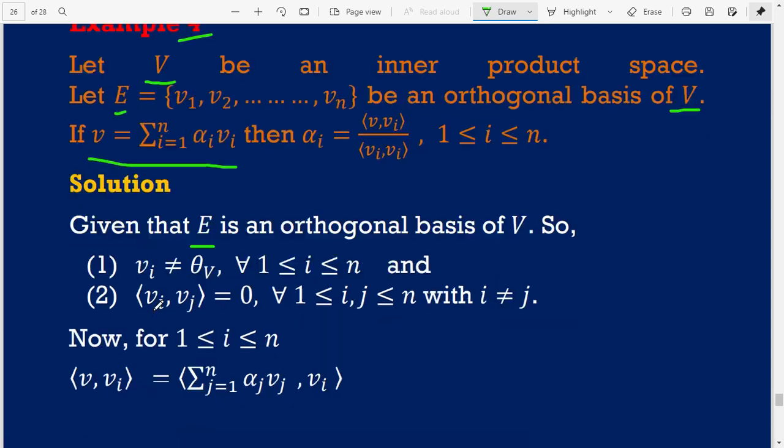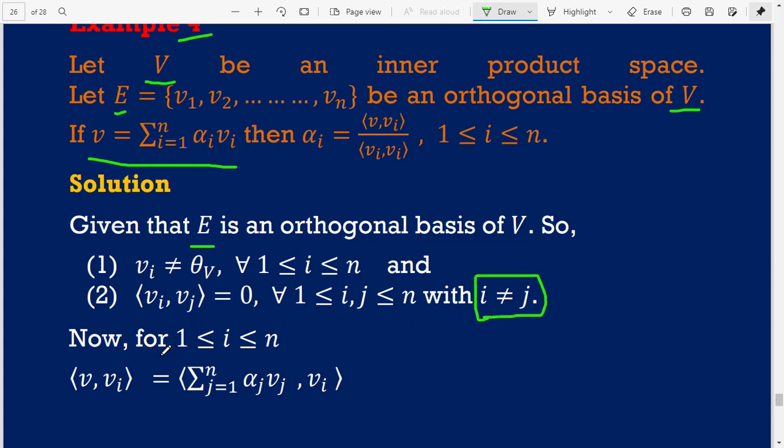And second, the inner product of vi with vj is equal to 0 for every 1 ≤ i, j ≤ n with i not equal to j.